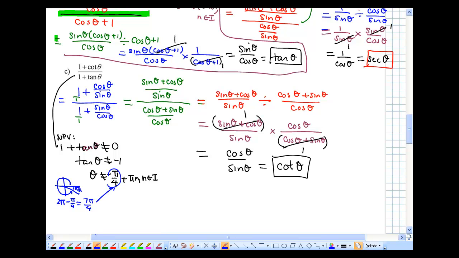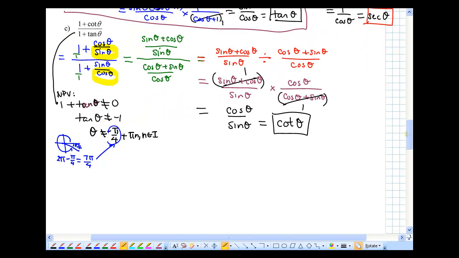Okay? However, that's not the only non-permissible values here, because notice when I actually did the simplification and changed cotangent into cosine and sine, there's another one. Oh, here's one more. So there are actually a few more places here that you can have non-permissible values.